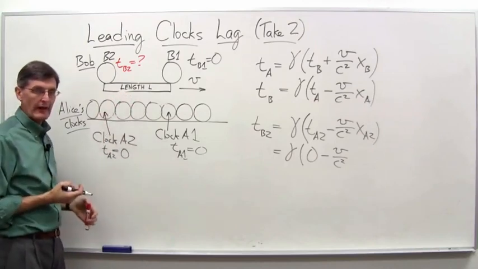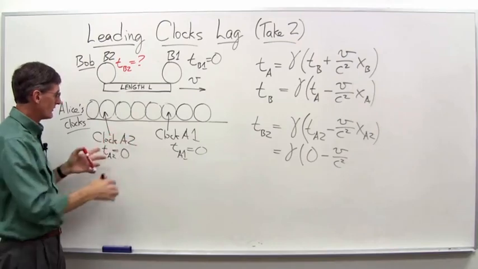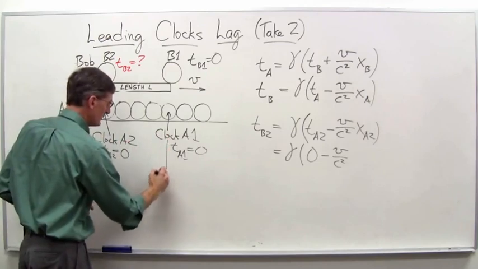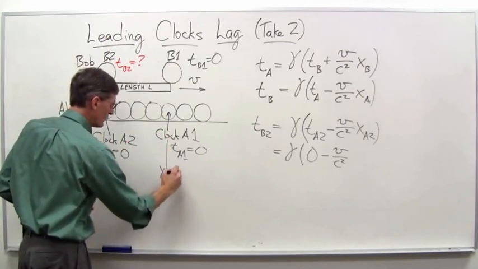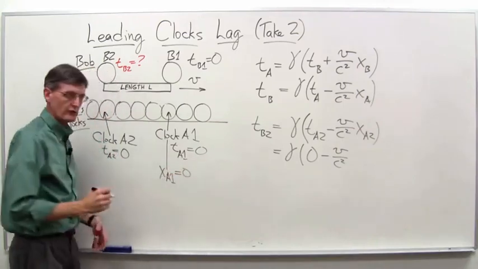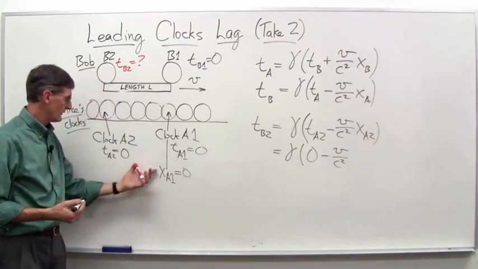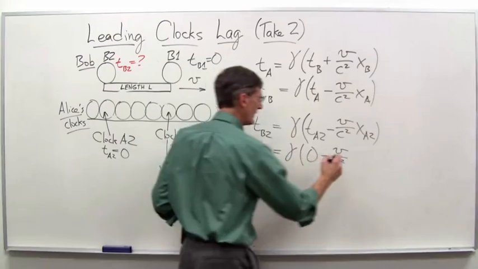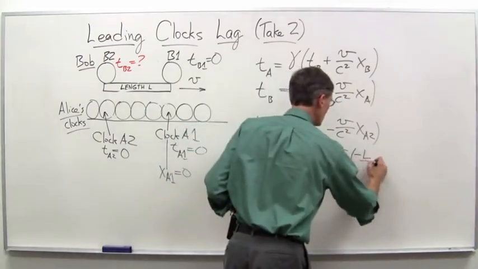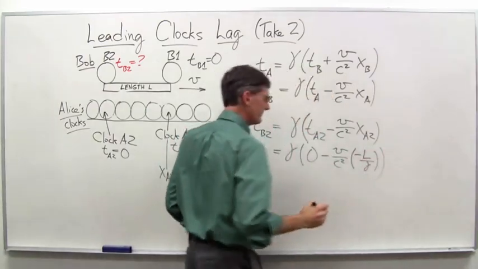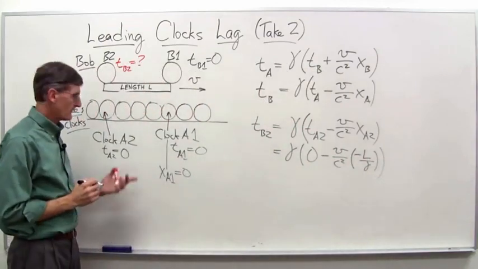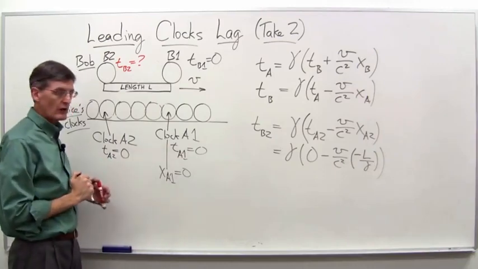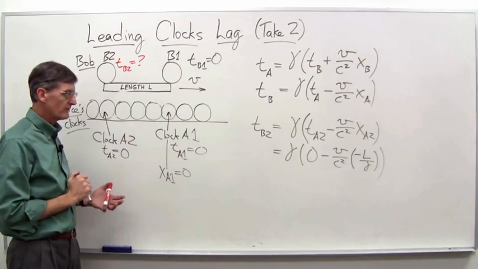And so what we have for her length, really this position here, if this is XA1 equals 0. We just set our 0 point there. Then this is in the negative direction, and in fact, it's going to be minus L over gamma. That's the distance between those two clocks as far as Alice is concerned.